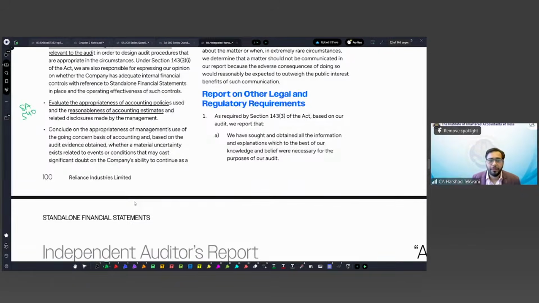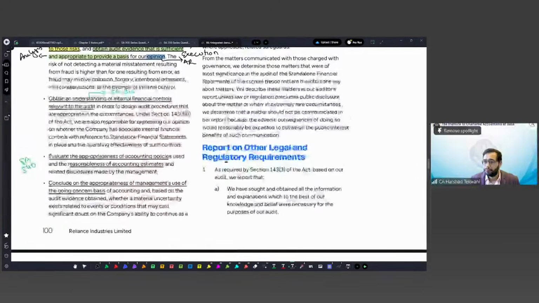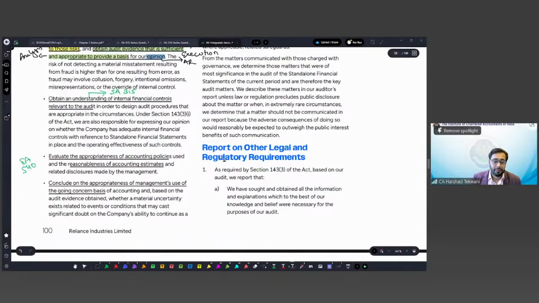Absolutely correct. 540. Then it comes about the going concern, that is, conclude on the appropriateness of management's use of the going concern basis. Going concern. Where is the requirement coming from? Which SA? SA 560. 570. 570.